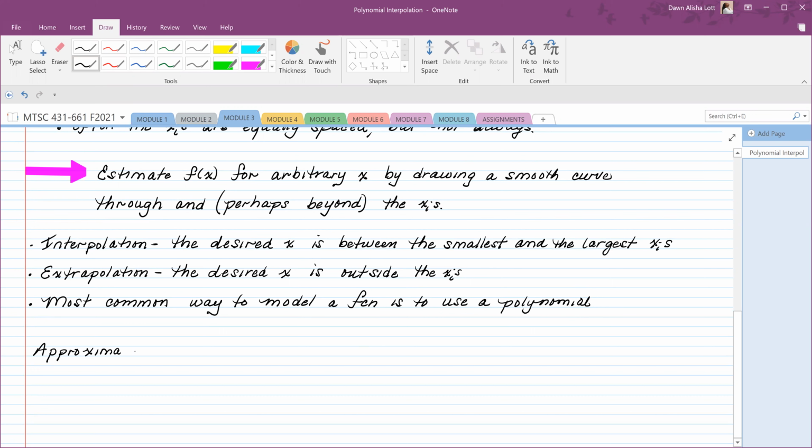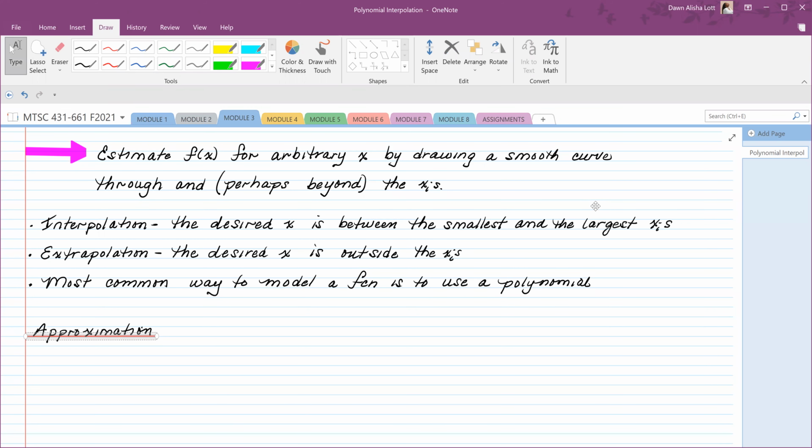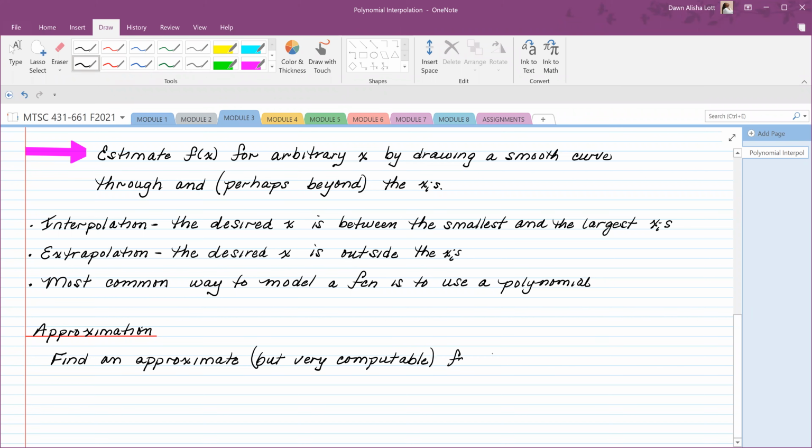That is my hope: to find an approximate but very computable function to use in the place of a more complicated one.